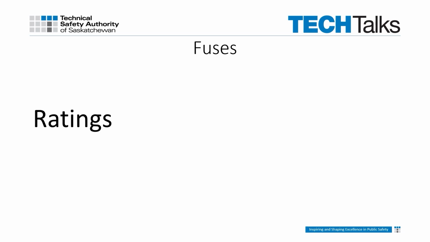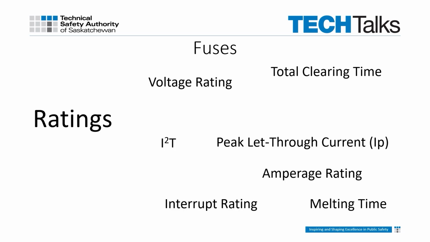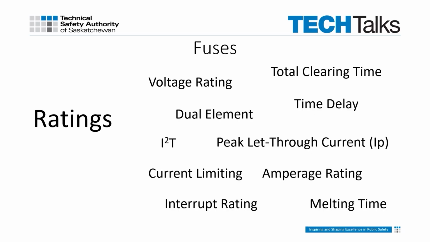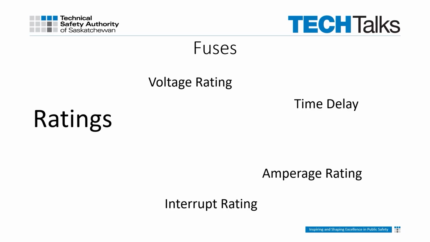Ratings and characteristics of fuses include voltage rating, amperage rating, interrupt rating, I²T, peak let-through current, melting time, total clearing time, time delay, current limiting, and dual element. The ratings of most concern should be voltage rating, amperage rating, interrupt rating, and time delay. Let's talk about these most important characteristics.